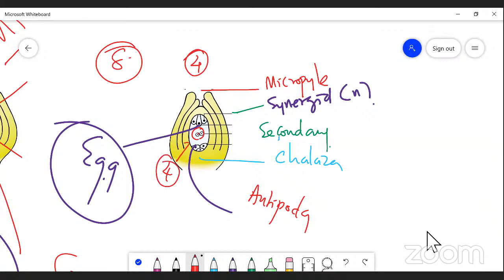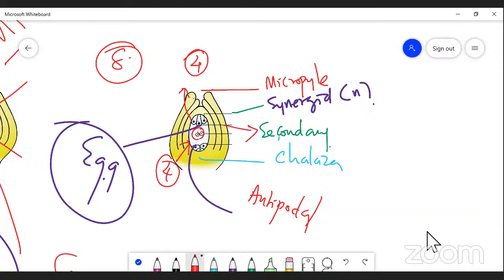Among these 4 nuclei from upper and lower, a single nucleus from each polar region comes and is situated at the center. The nucleus from the upper region and the nucleus from the antipodal region fuse to form a secondary nucleus at the center. Now this is called the secondary nucleus.